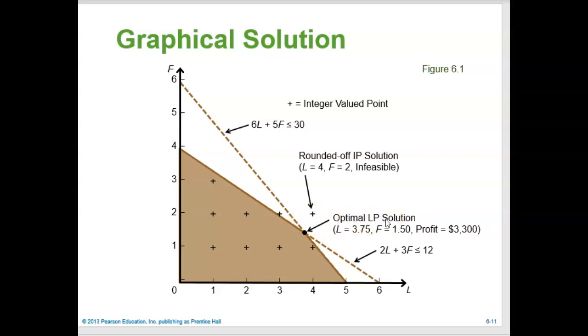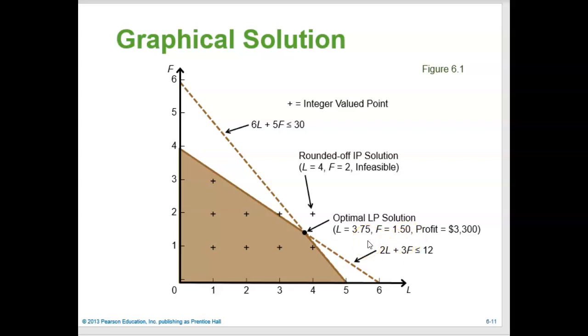However, there's a simple issue here: the values that you get for the optimal solution tell you to produce and sell 3.75 lamps and 1.5 fans. Now, again, like we said, that's not an accurate depiction of what we can produce and sell because they're not whole numbers.